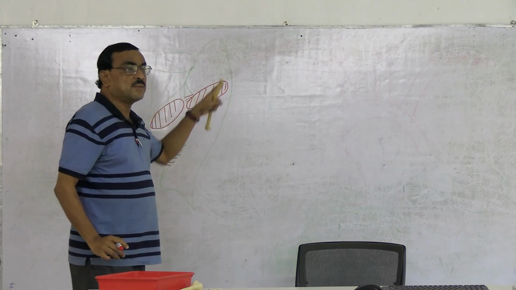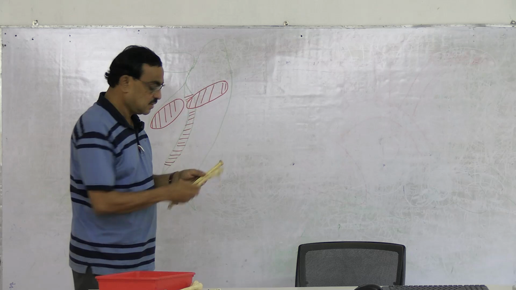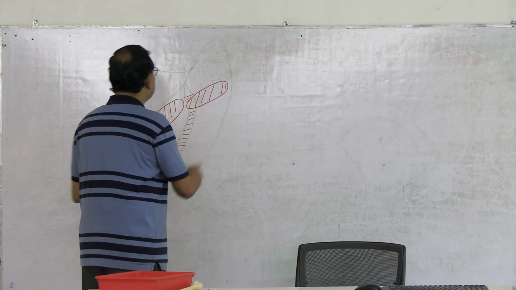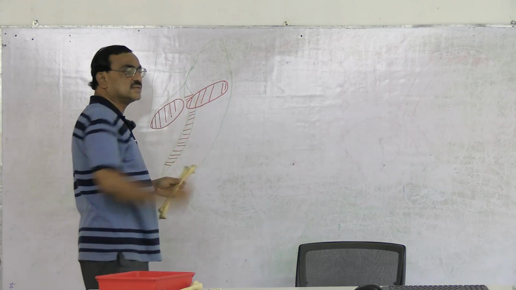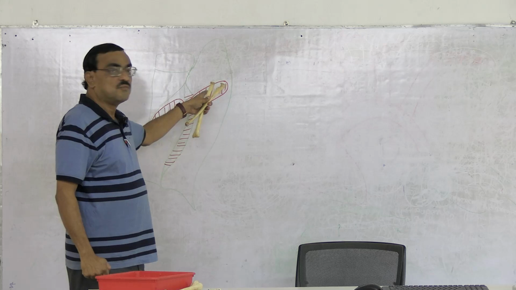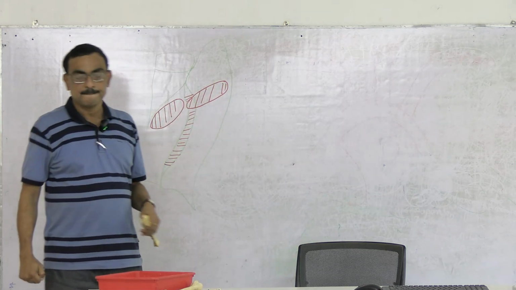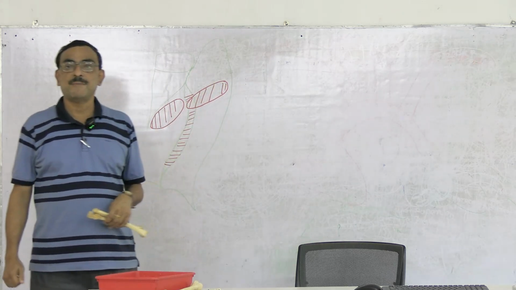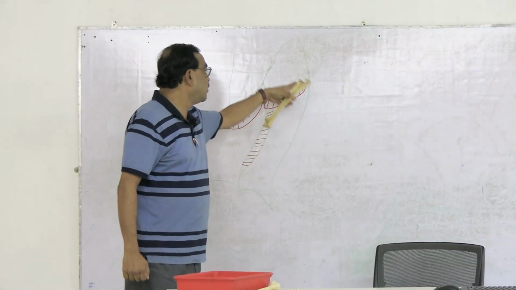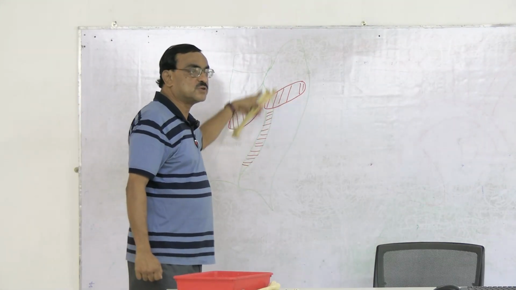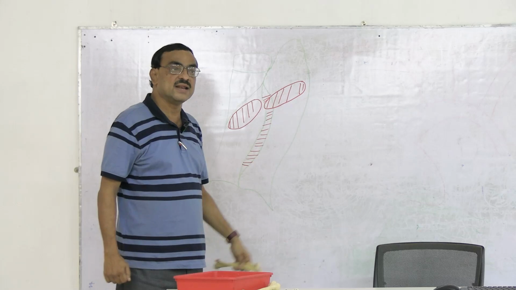So this one muscle is taking origin from the upper part of the posterior surface of the radius and also from the upper part of the posterior surface of the ulna, same muscle.